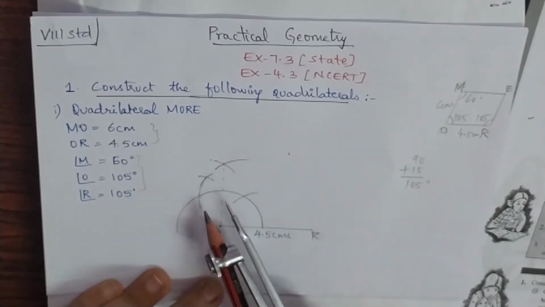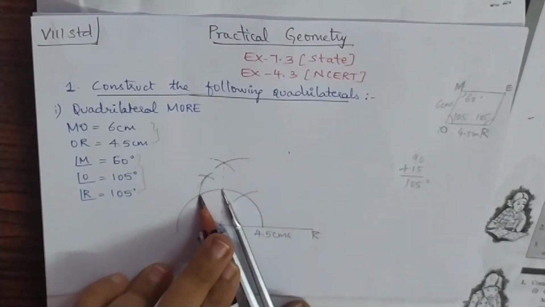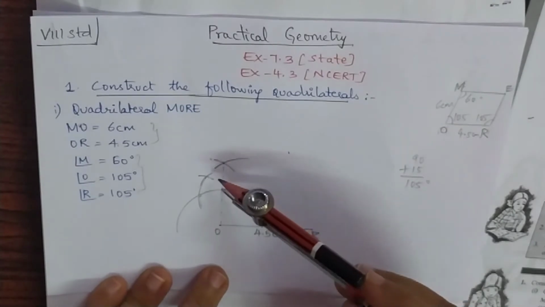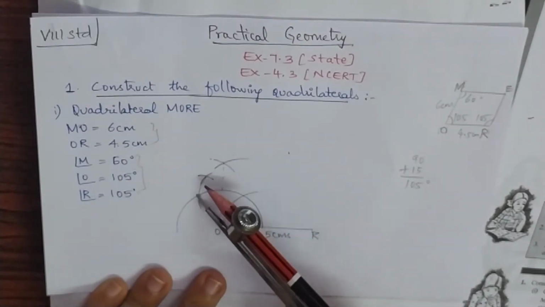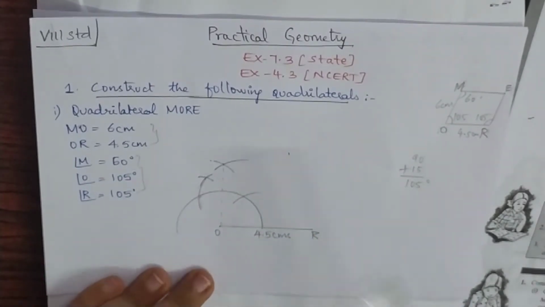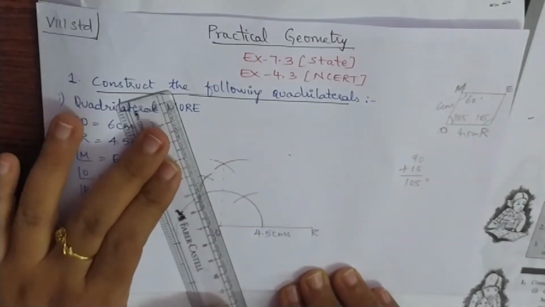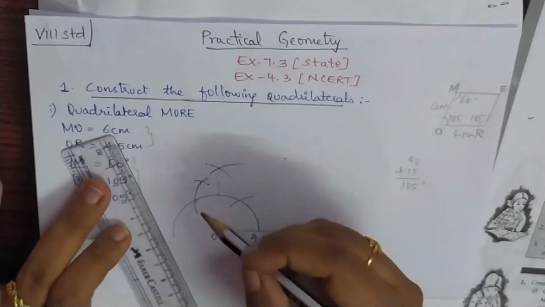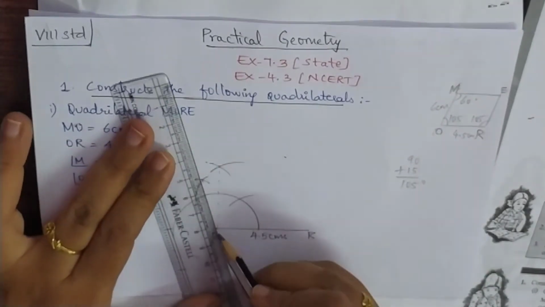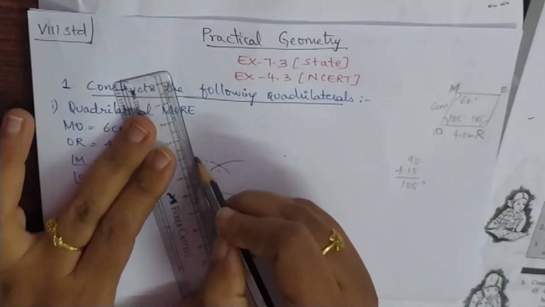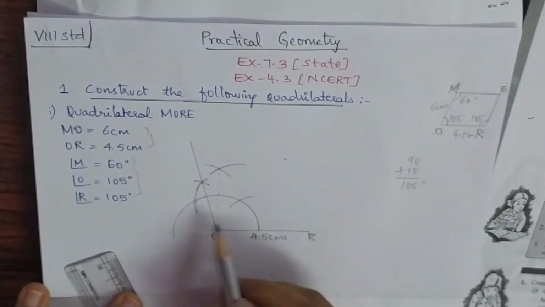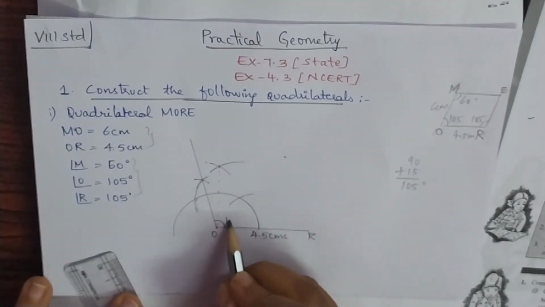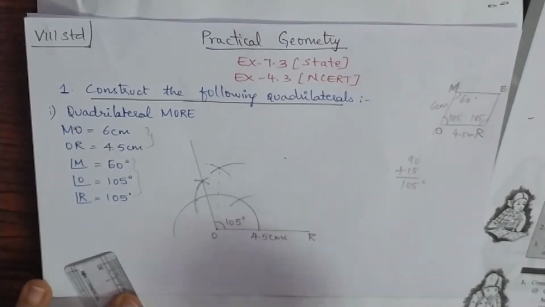We have just opened our compass from this point to this point and we are going to draw one arc from here and the other arc from here. Now this arc which we have obtained, this is the center. This is 105 degree. Join. This is what we wanted.